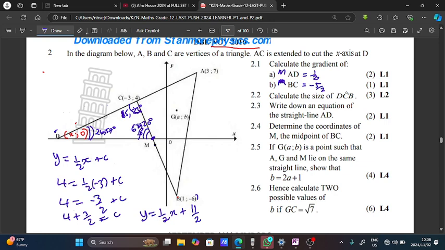Now let's write it. This equation will be y equals half x plus 11 over 2. Now we've got the equation. Now let's go to the next question. They're saying determine the coordinates of M, the midpoint of BC.